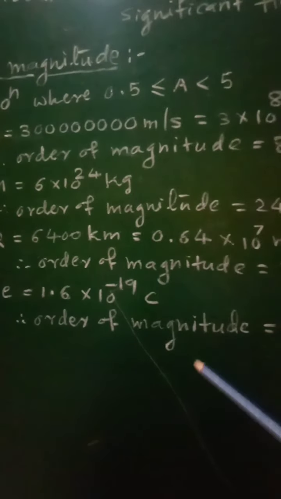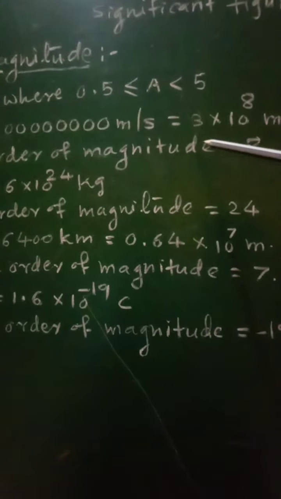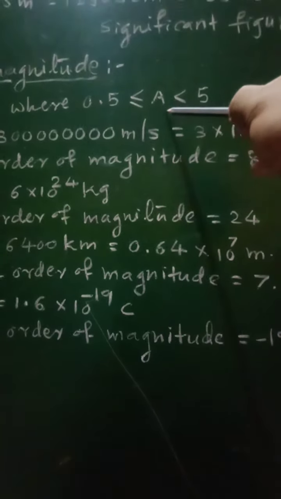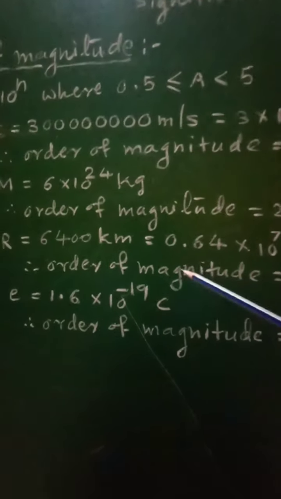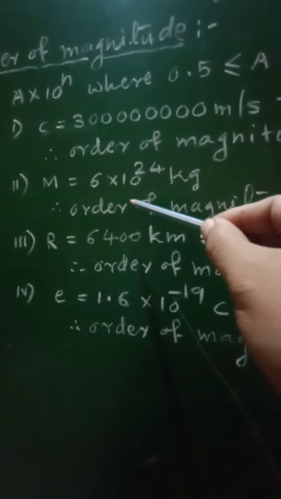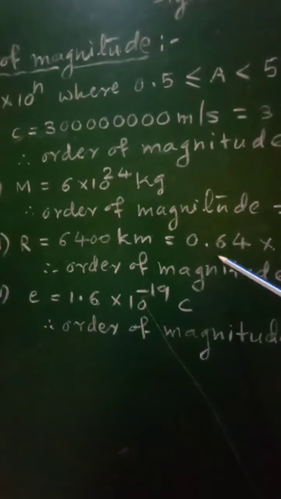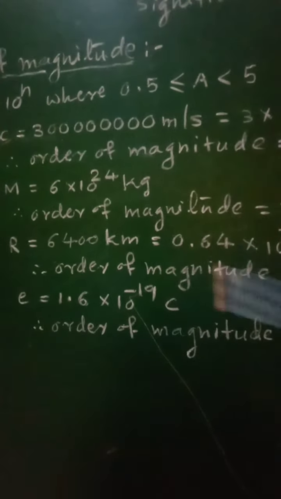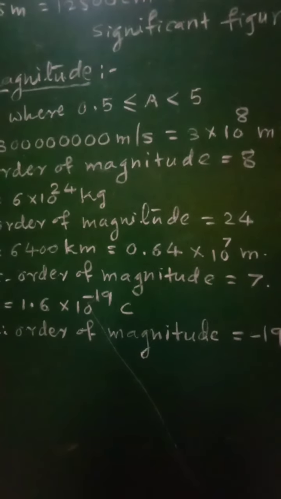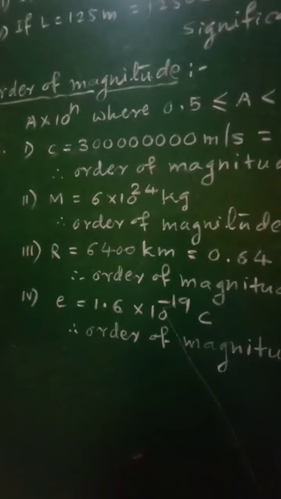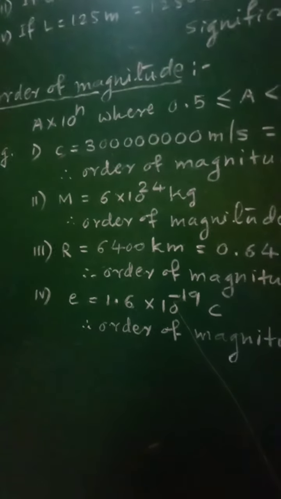So in all these 4 examples, in the first example 3 validates this condition. Then in the next example it is 6 into, therefore it is written as 0.6 so as to fulfill this condition. So like this, the order of magnitude of any given measurement will be written.